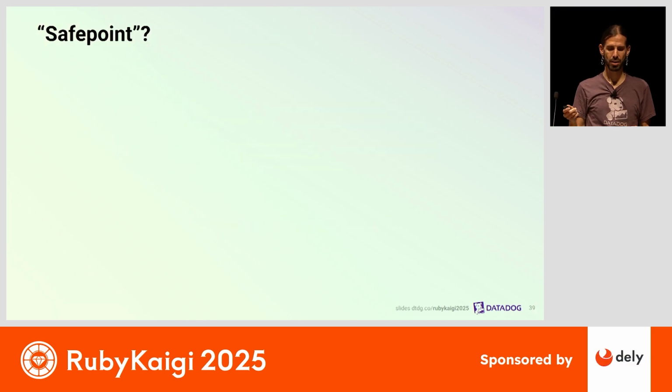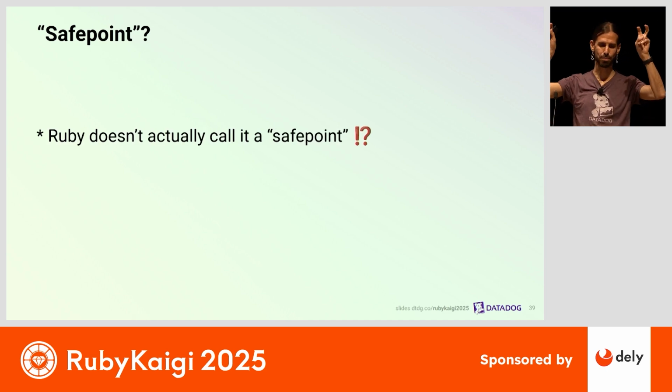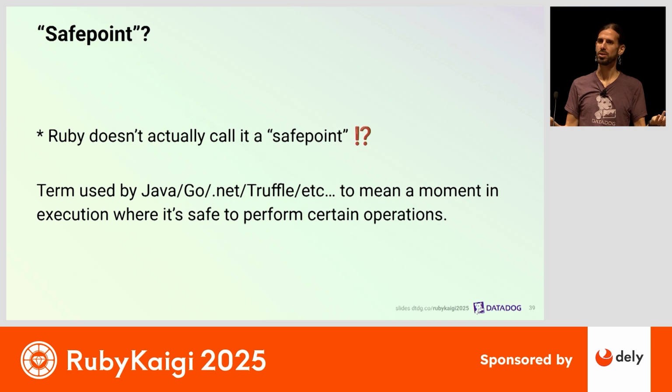And if you haven't heard the term safe point, well, it's not surprising because Ruby doesn't actually call it a safe point. The term safe point comes from a bunch of other languages. It's used in Java, Go, .NET, Truffle. And it just means a moment in execution of the code where it's safe to perform certain operations.